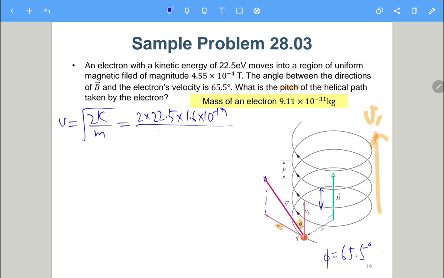The mass of the electron is 9.11 times 10 to the minus 31, and then take the square root. So it is 2.81 times 10 to the 6th meters per second. This is the velocity.